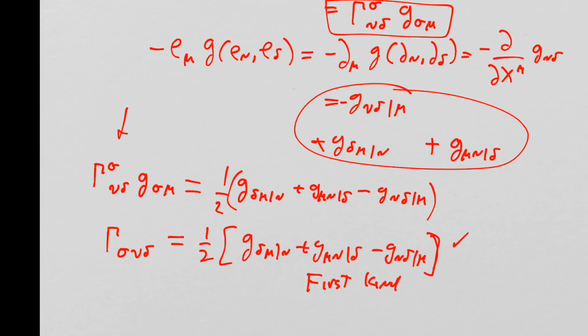But fortunately, we do know that G sigma mu times G mu kappa is going to be delta kappa sigma, right?